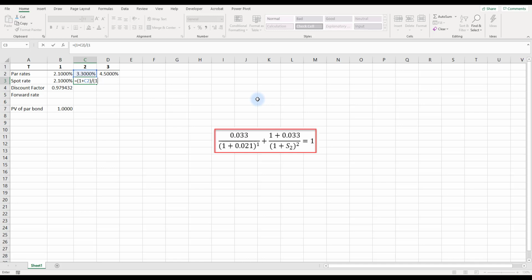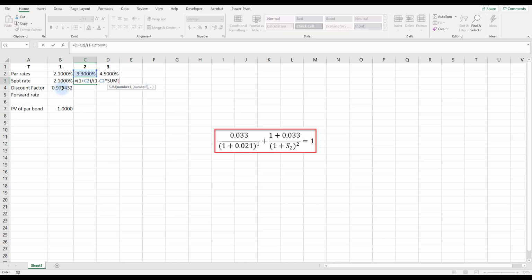Remember this is a par rate, so the bond's price will be equal to par. Then we minus the coupon rate multiplied by the total sum of the discount factors from the previous periods. In this case, prior to period 2, there is only the discount factor in period 1.